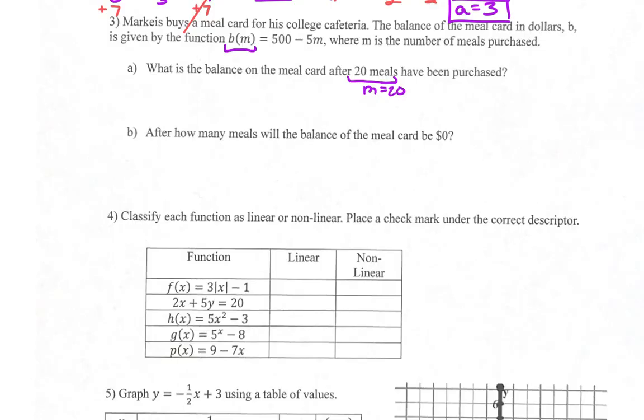So the correct way to write this is B of 20. So the balance when he's had 20 meals is equal to our function's 500 minus 5m, but we're replacing m with 20 because he's eating 20 meals. Hopefully not in one day.